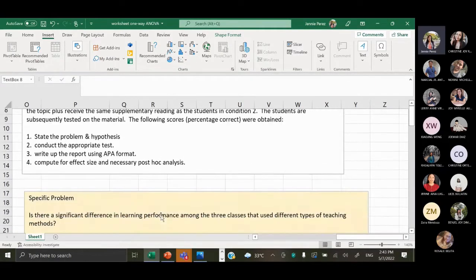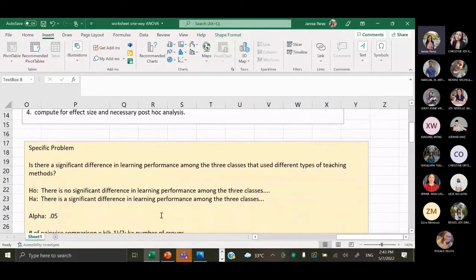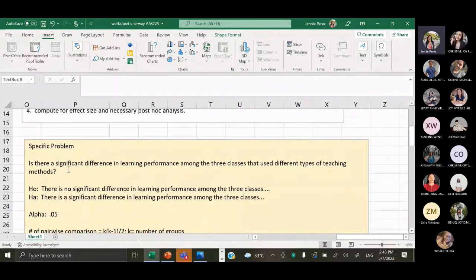So the first thing that you do is you state the problem. So here is the problem. Is there a significant difference in learning performance among the three classes that use different types of teaching methods? So your null hypothesis would state there is no significant difference in learning performance among the three classes.